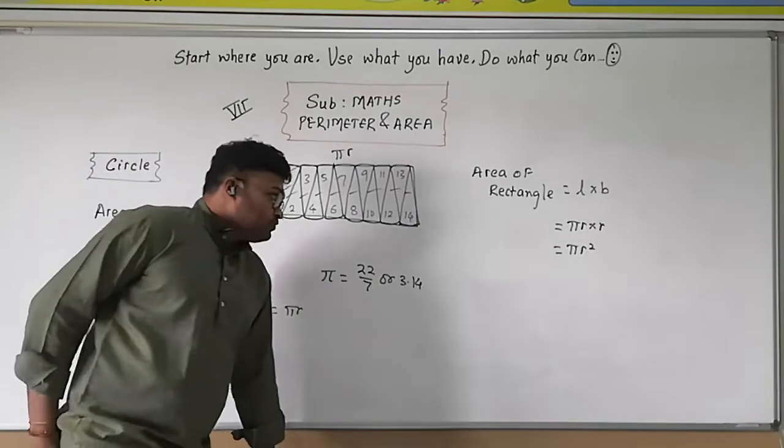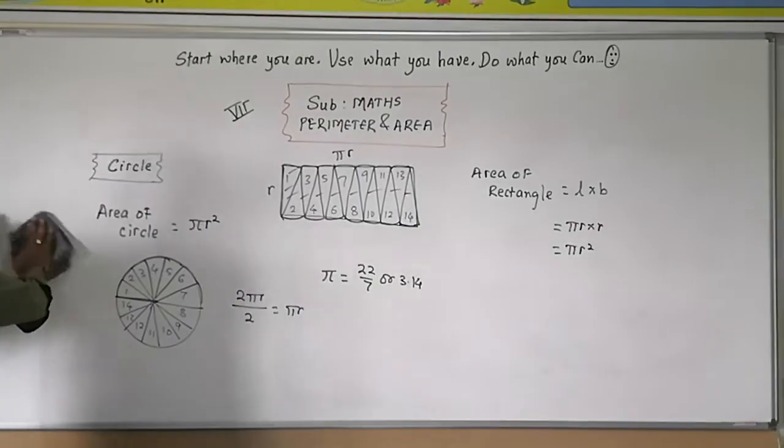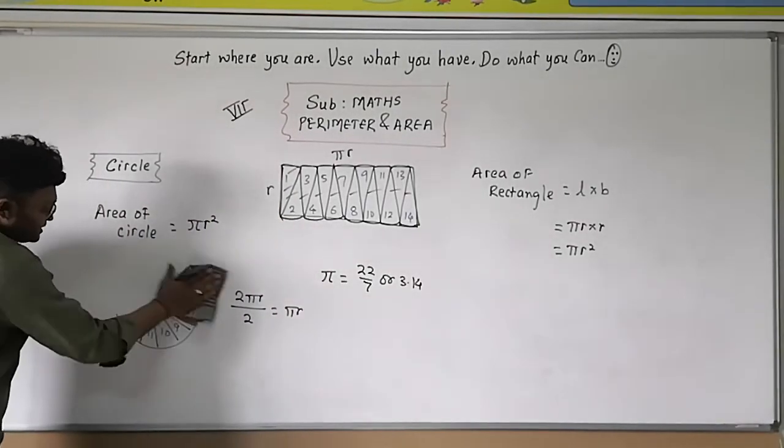Without wasting time, we'll move on to exercise 13.3, which is based on area of circle and circumference of circle.